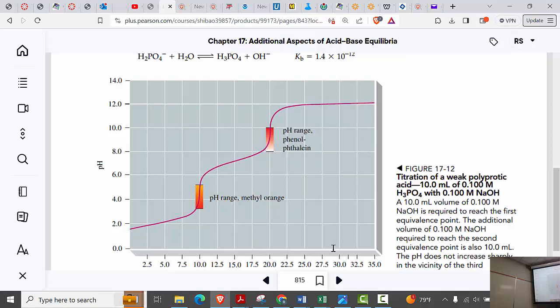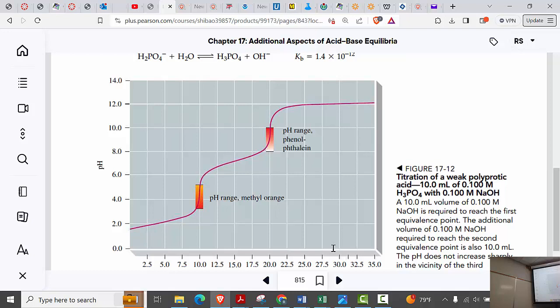So one way we might be able to see it is rather than using 0.100, maybe if we use 1 molar sodium hydroxide. 1 molar sodium hydroxide should max out at a pH of 14. So at a pH of 14, we might see it, at least the beginning of it.